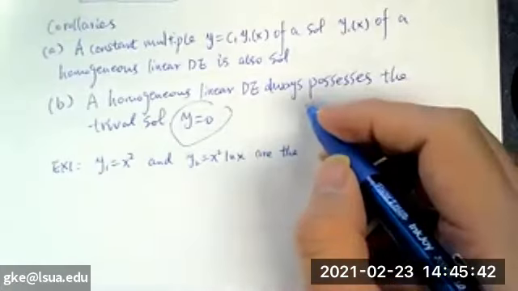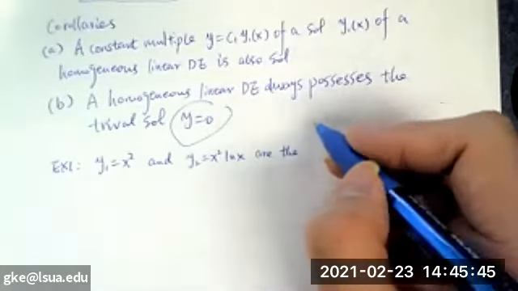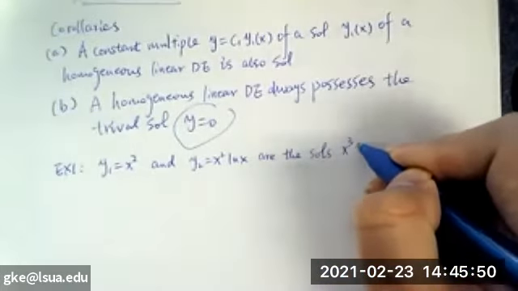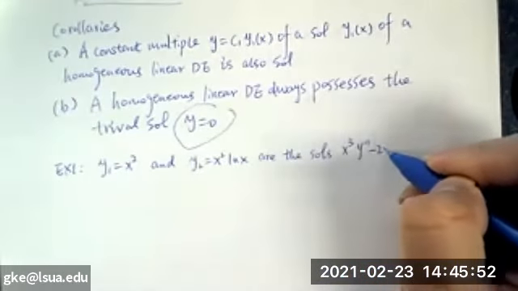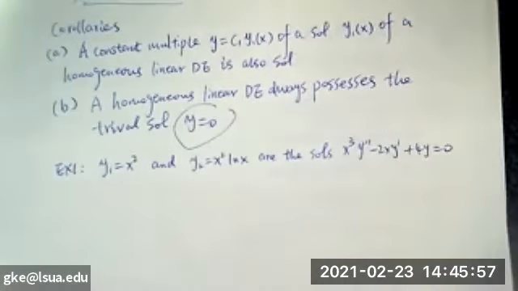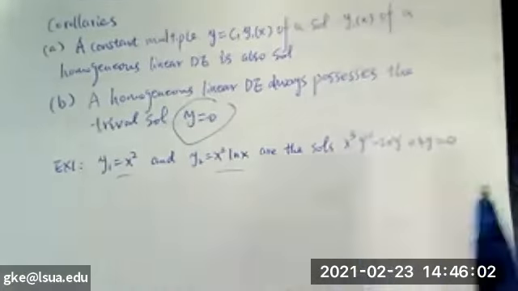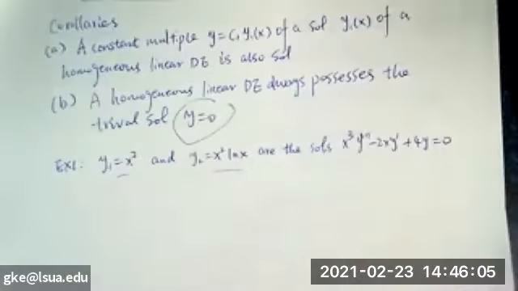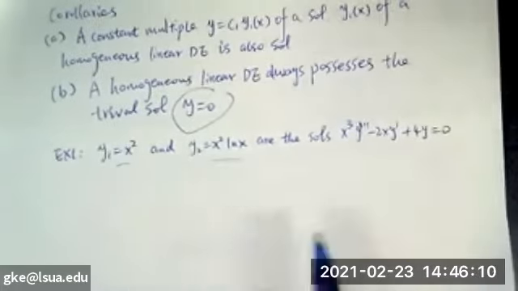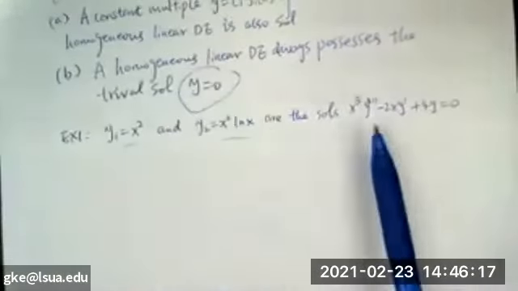Since we know for this differential equation we have two solutions, and we already found the two solutions here, according to this theorem, if we take the linear combination, we can find the new solution.